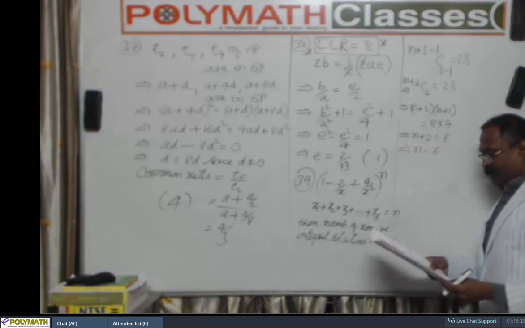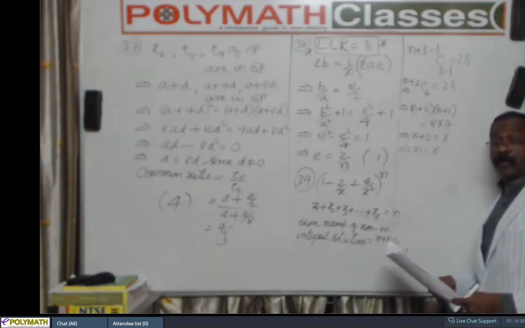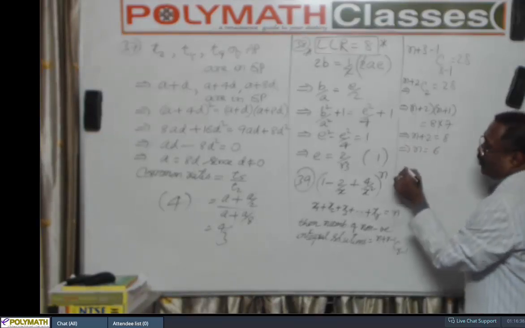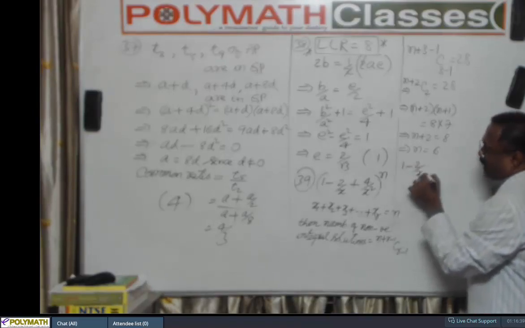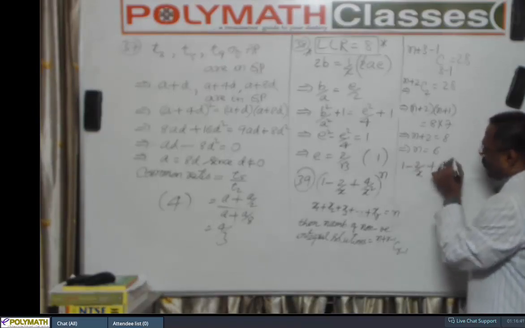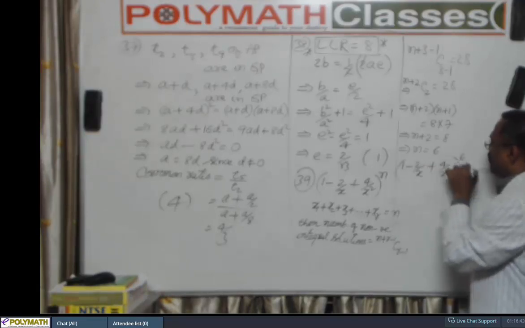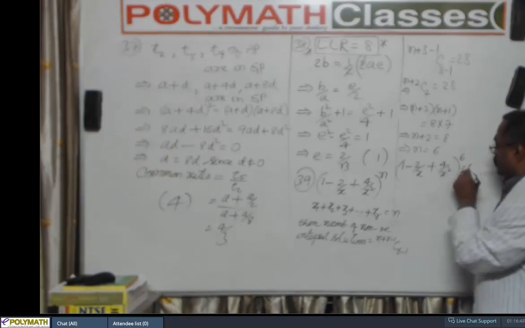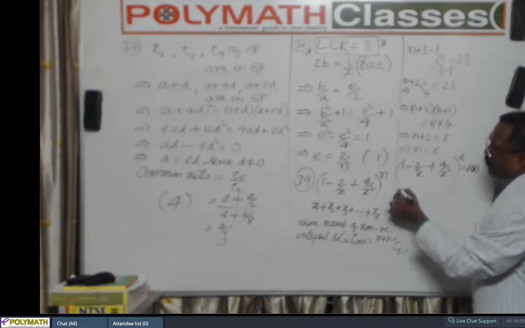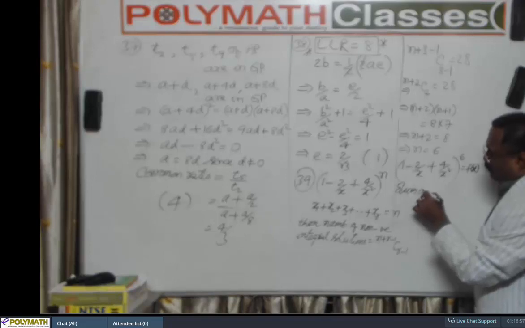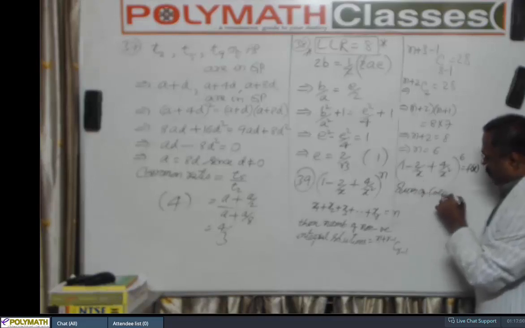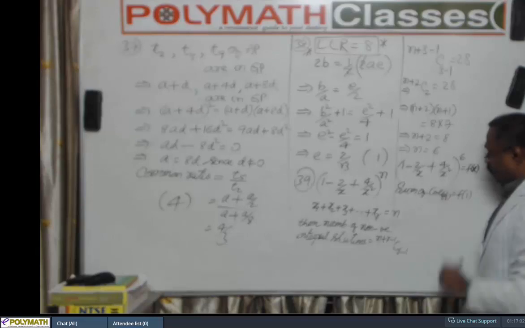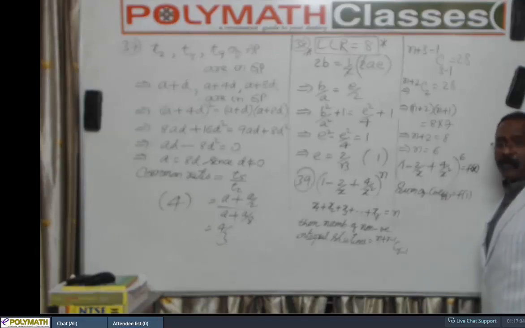So what is to be found out now? The sum of all the coefficients is to be found out. So the expansion now becomes (1 - 2/x + 4/x^2) whole power n, which is whole power 6. Let it be some f(x). The sum of coefficients becomes f(1); put x = 1.